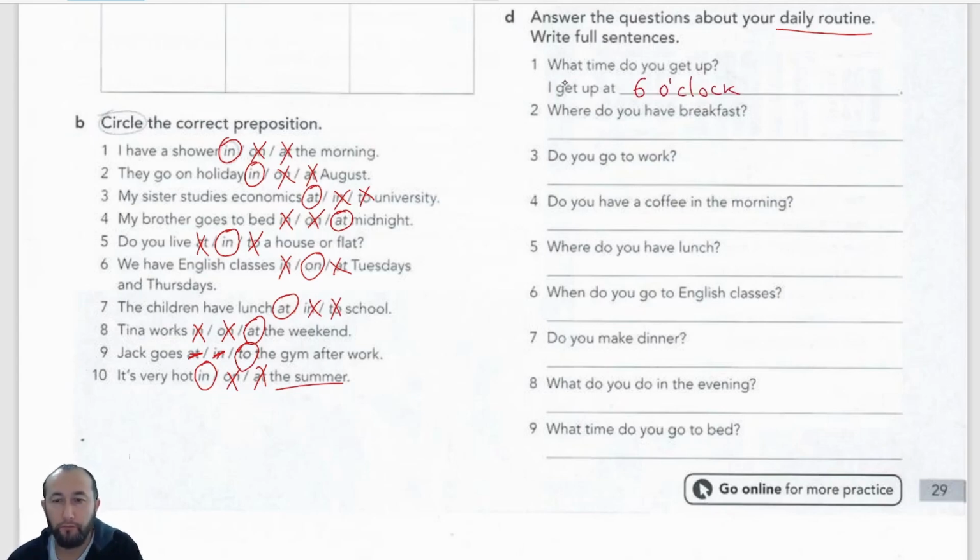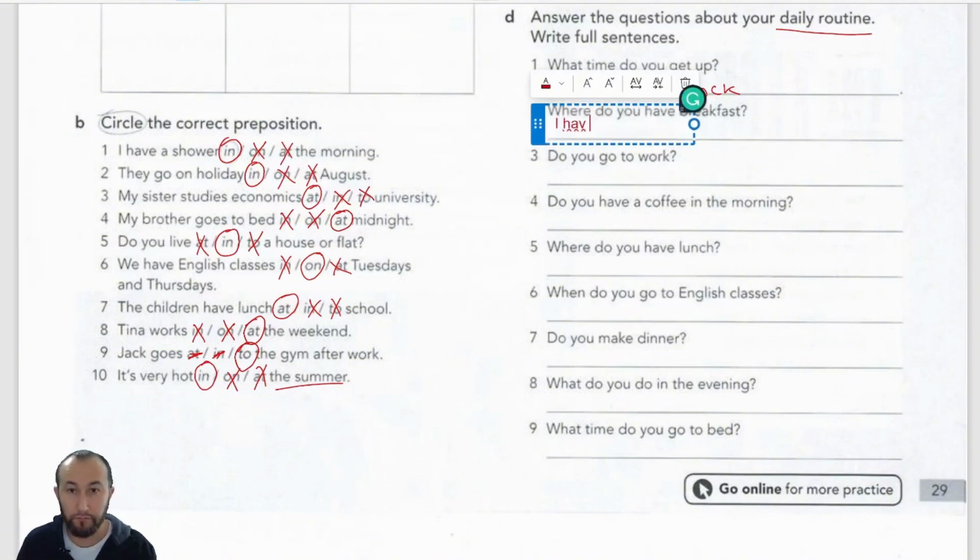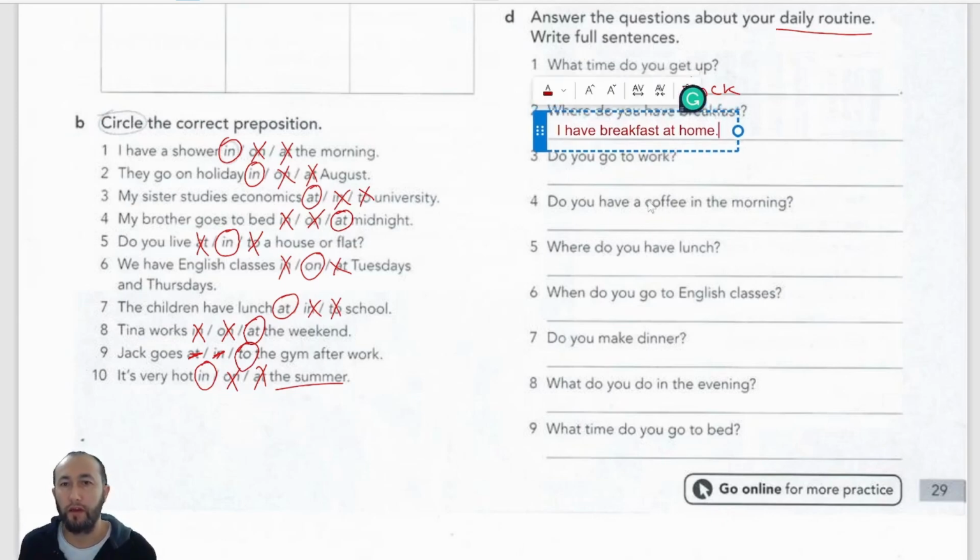It's better to write full sentences, just for the sake of learning better. So I have breakfast at home. I have breakfast at home because I teach online these days. Very good.